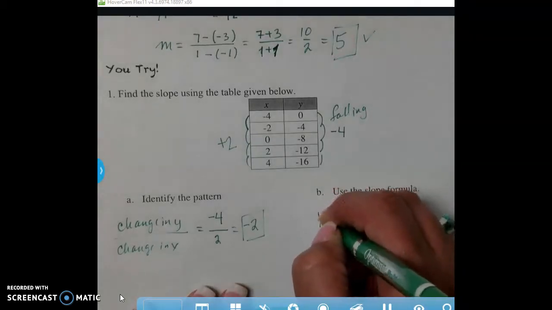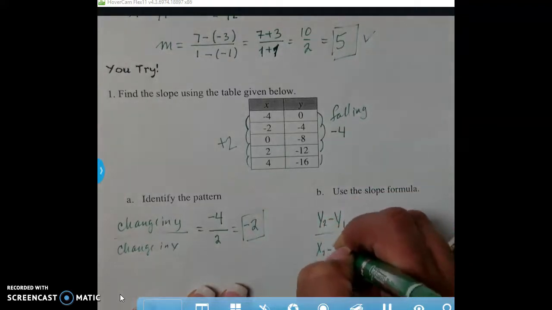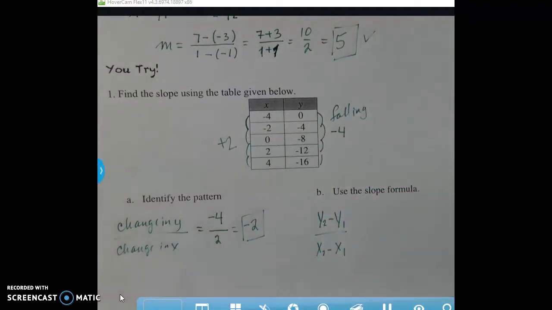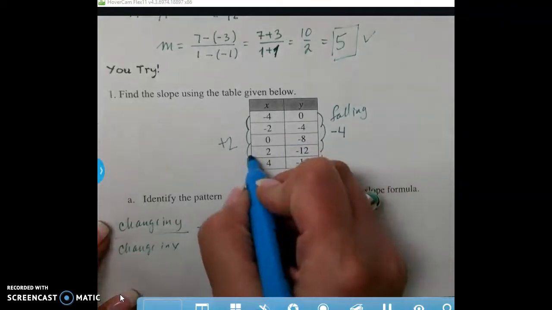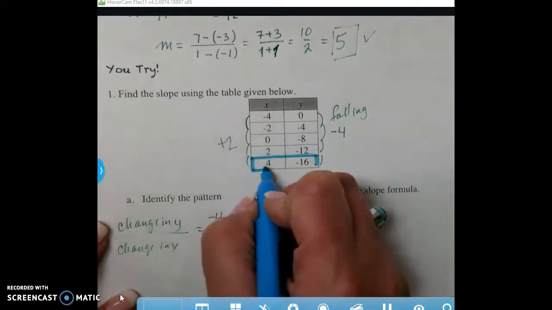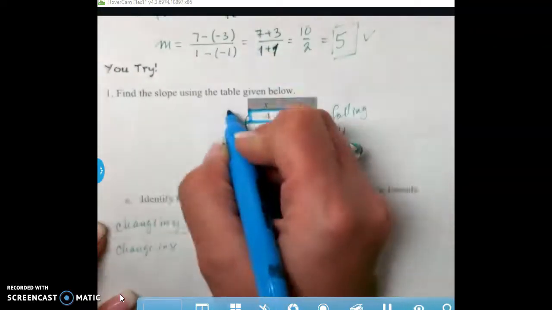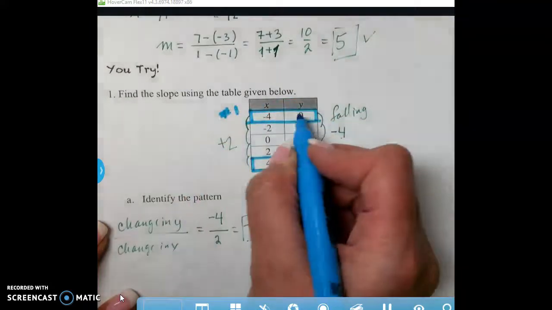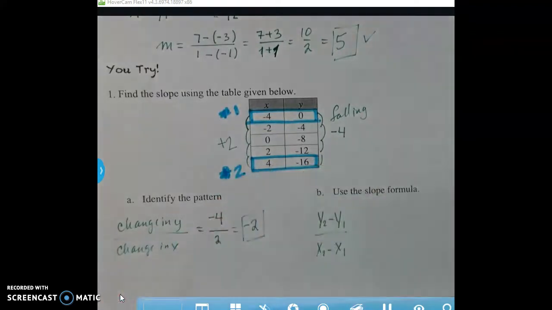So y2 minus y1, over x2 minus x1. And what I'm going to do, again, just to prove my point, is pick numbers that are not next to each other. So I'm going to use the first point. This is point number 1 because it showed up first, and point number 2 showed up second.